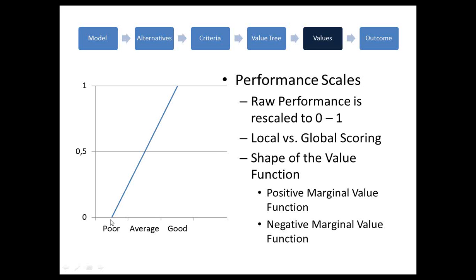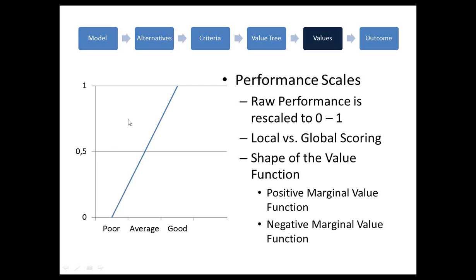And the value of a hospital that has a poor reputation to me is 0. The value of a hospital with a good reputation is 1, and a hospital which has an average reputation, because of the linearity of this function, has a value of 0.5.